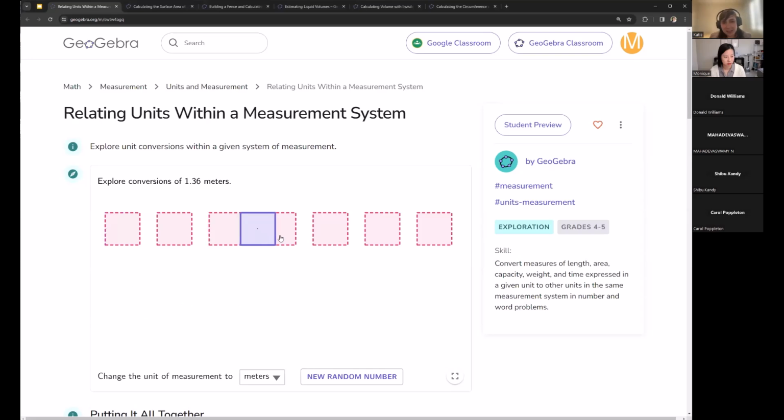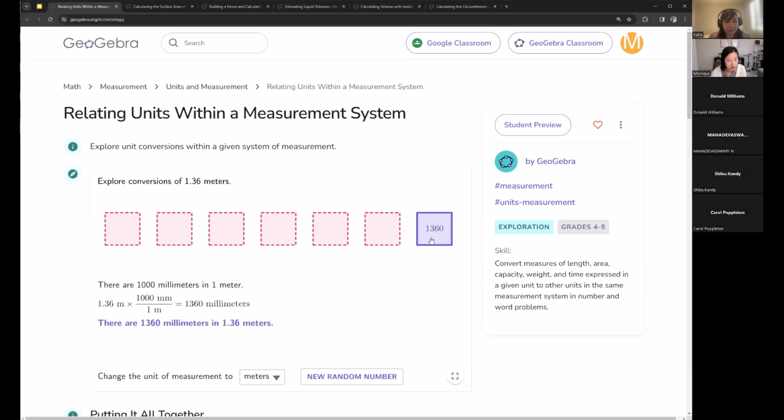Well, the phrases at the bottom are changing, the equation is changing, and we are converting between units in a given system. So we're looking at the number of centimeters in a meter, now we're looking at millimeters in a meter, and we've got the unit conversion equation happening there.